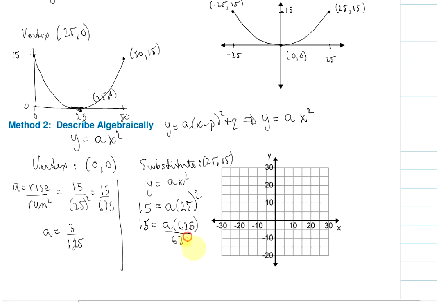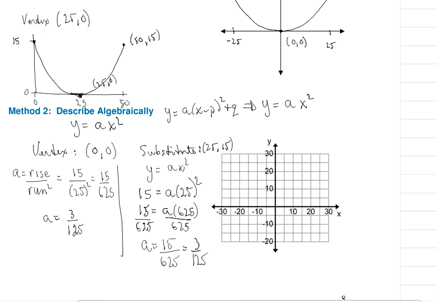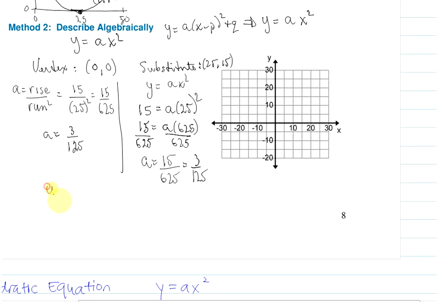Divide by 625, and a is equal to 15 over 625, which reduces to 3 over 125. So what is our equation? We plug that into y equals ax squared, so y equals 3 over 125 x squared. That's our equation.